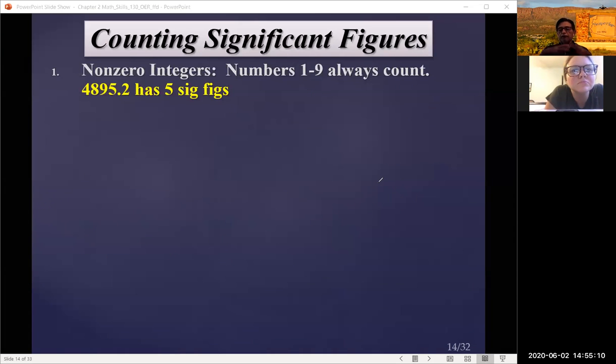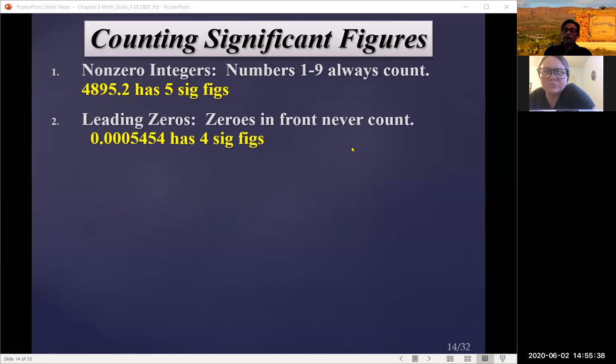All right. So there are some rules about significant figures. All the whole numbers, 1 through 9, are considered significant figures, okay? So if we look at this number here, 4,895.2, it contains 5 significant figures. So all whole numbers are significant. Now, the leading zeros.